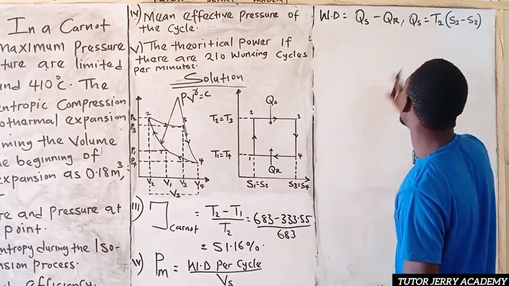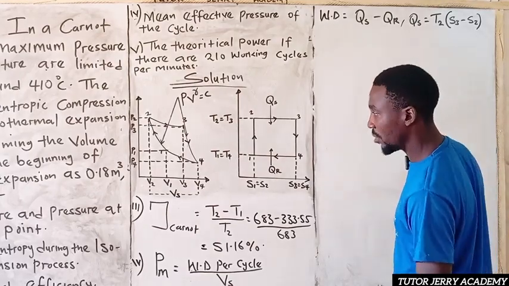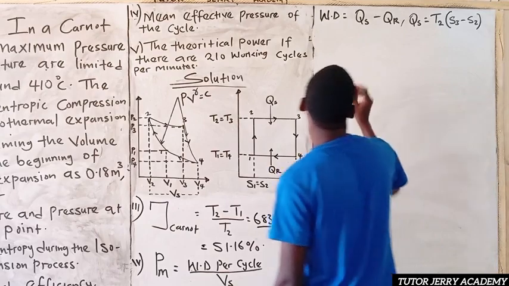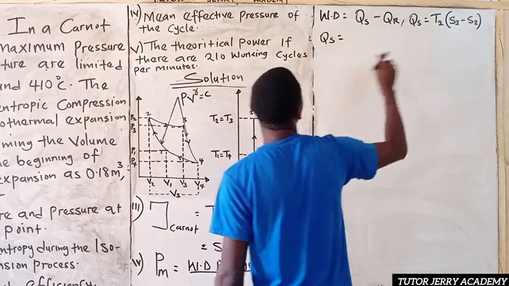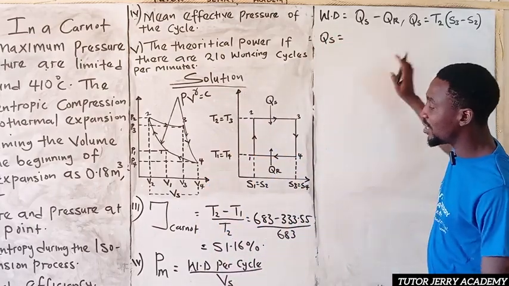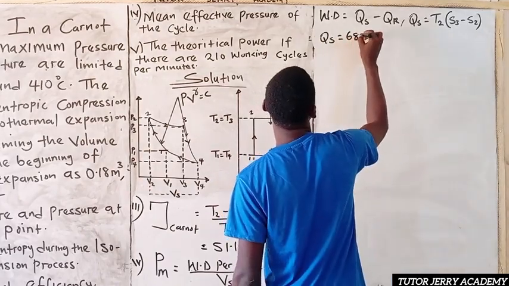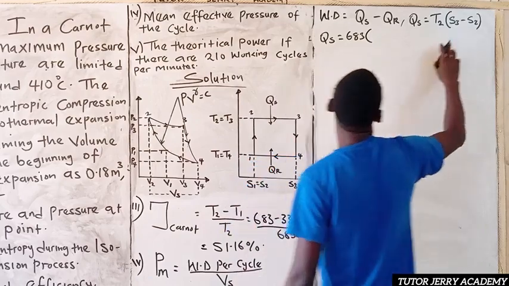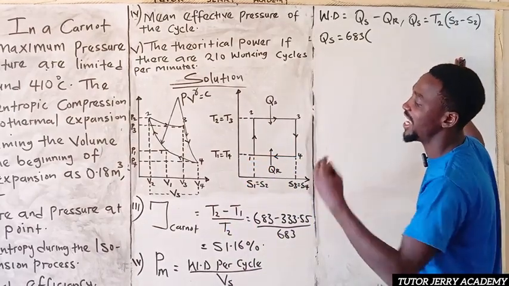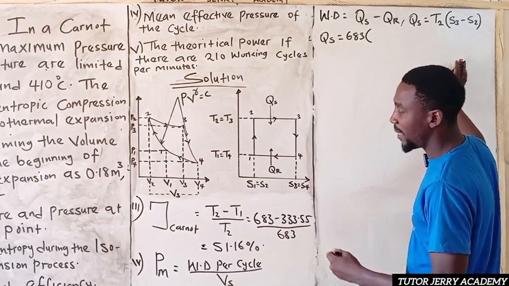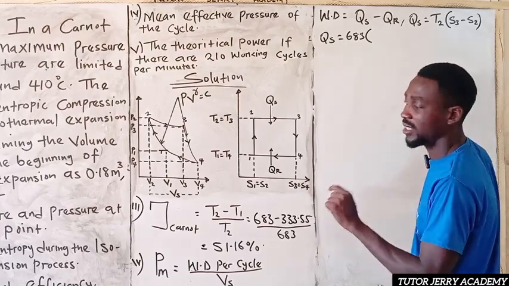So let's substitute into this and calculate. Our QS will be equal to T2, which is 683, into S3 minus S2. S3 minus S2 is the change in entropy during the isothermal expansion process. Take note of that.